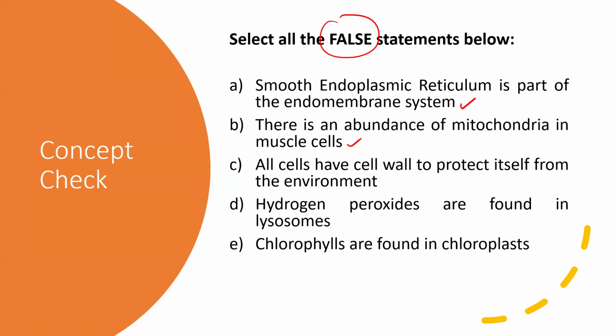All cells have cell wall to protect them from the environment. Yes? No? Do we have cell walls? No, we don't, okay? So this is false. Animal cells don't have cell wall.